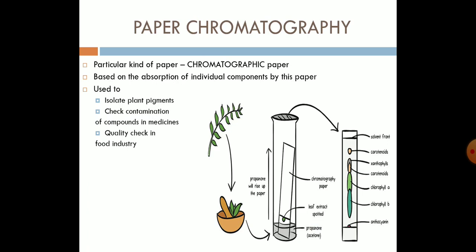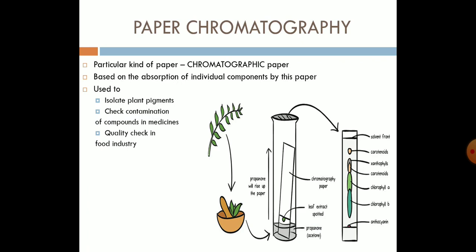Using paper chromatography, you get all the colors differently. You take the leaf, flowers, everything, mix it along with one chemical called acetone, and then put the paper inside. Then the leaf extract will be spotting one by one.